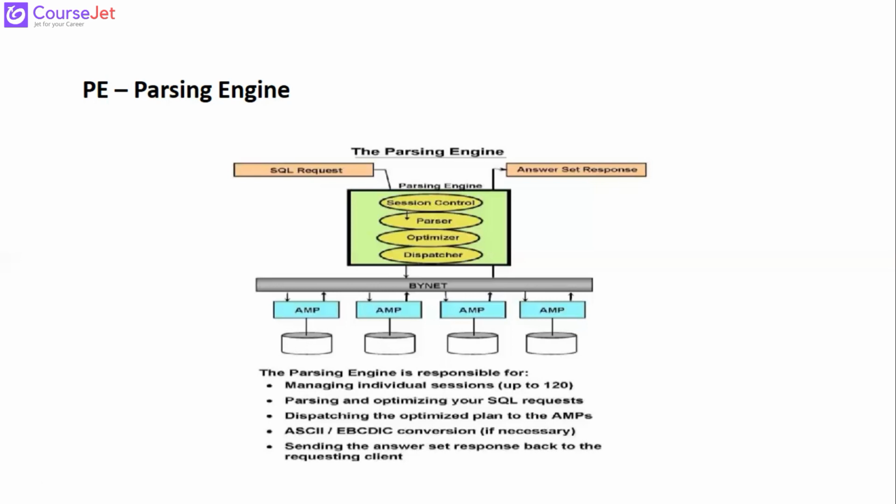Yeah, 120 sessions. So if you want to do capacity planning and project that to the team or application users, how many users it can support, how can we do this planning? Are you considering the PE or AMPs, or how exactly is the number of sessions going to be consumed?